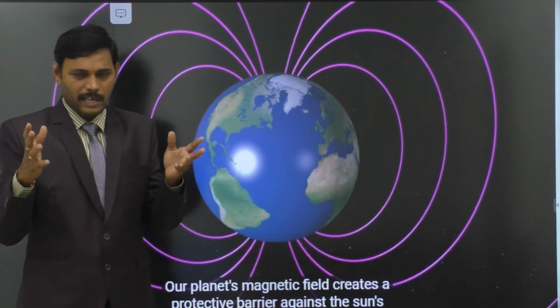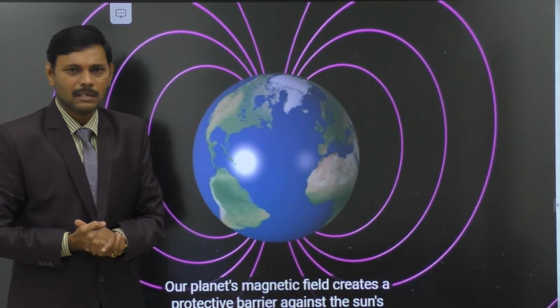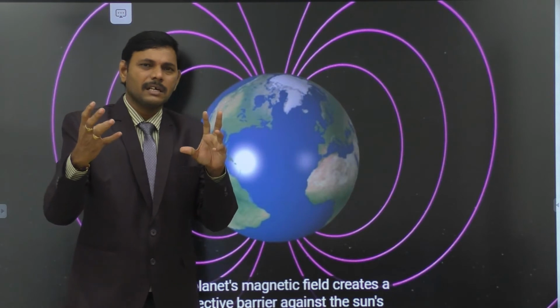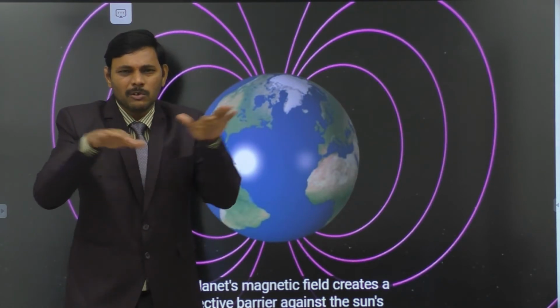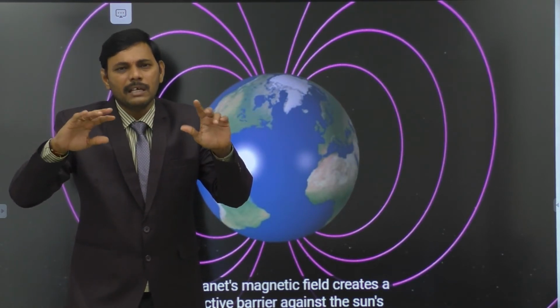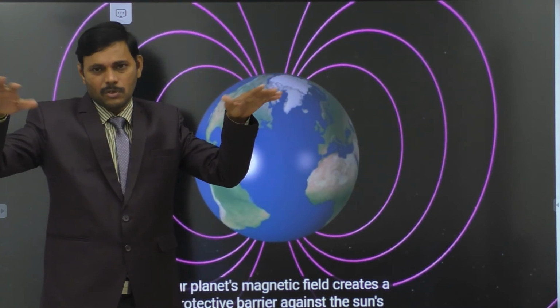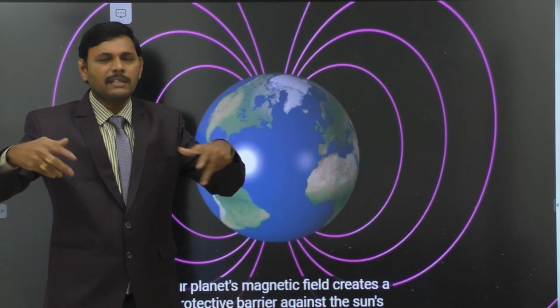We need visible light from the sun, but along with the visible light, so many rays reach the atmosphere, and all those are prevented by the interaction of the Earth's magnetic field with those rays. So we are protected by the magnetic field.